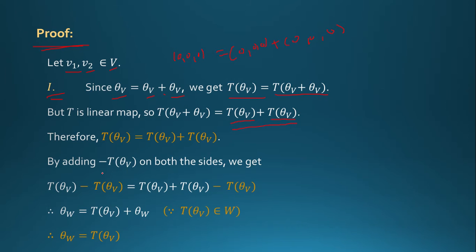Now adding minus T of 0 vector on both the sides.